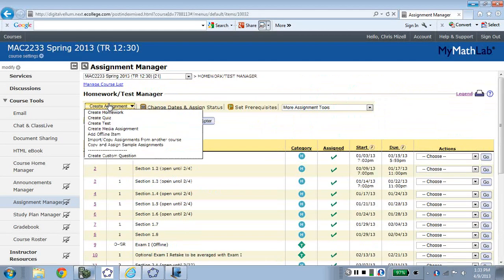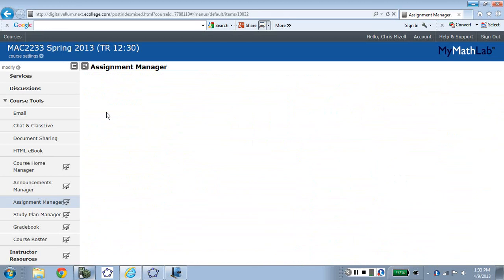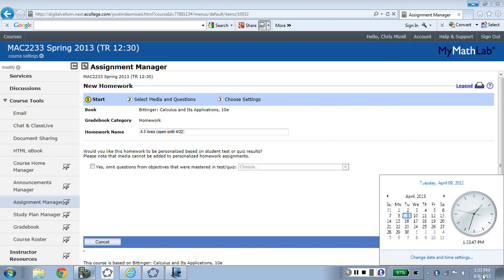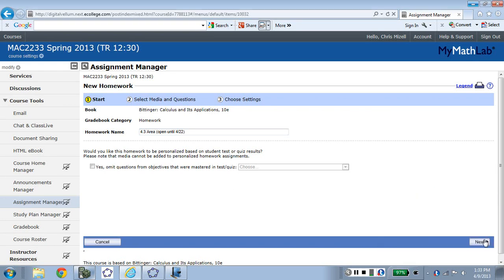Nope, don't have any 4.3 in the mix. But if we look at it, we can say the 4.3 area is open until the 22nd, I think, because our test is the 23rd. Test is Tuesday the 23rd. Next.